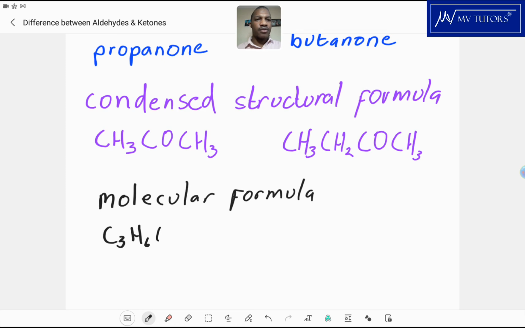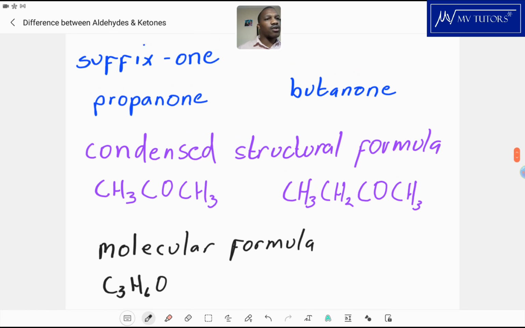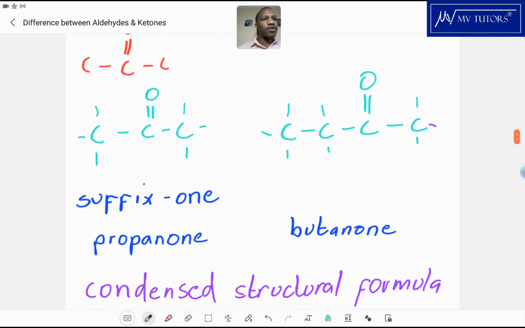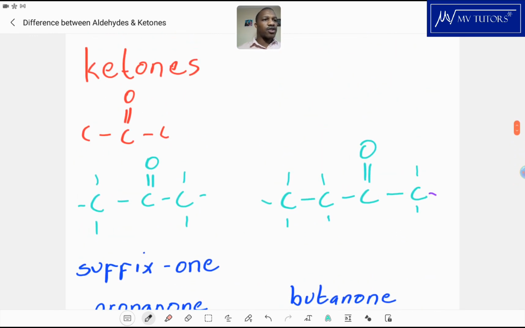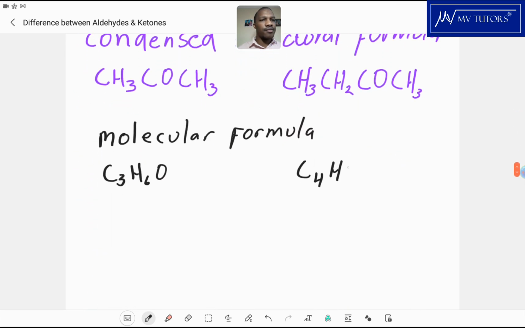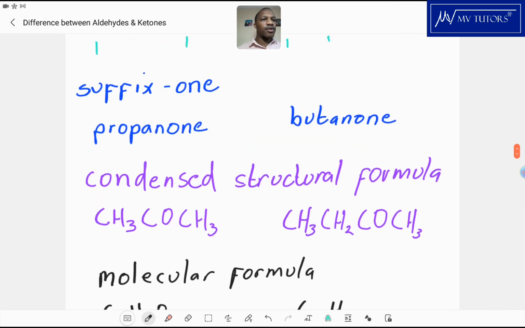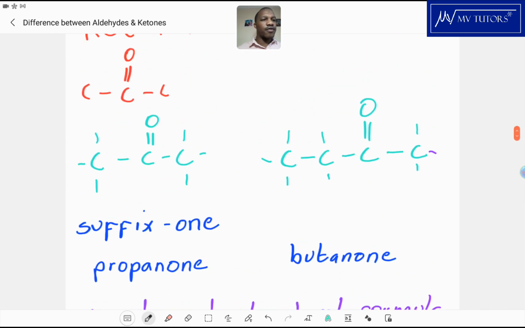And then you've got 1 O. Likewise on this side, you can use the structural formula. You count the number of C's: 1, 2, 3, 4, so C4. Then let's count the number of H's: 1, 2, 3, 4, 5, 6, 7, 8. We have 8. And the number of O's, we've just got 1.